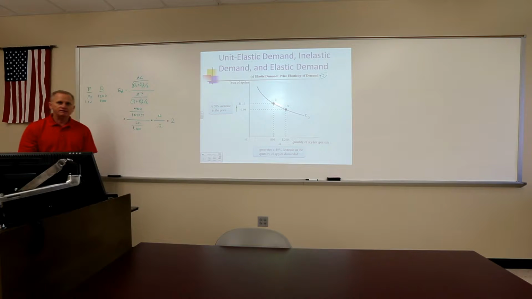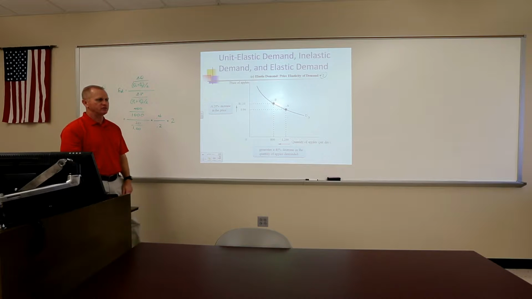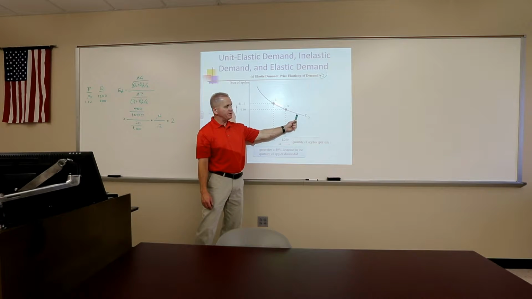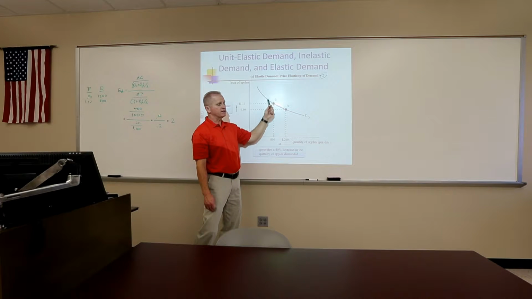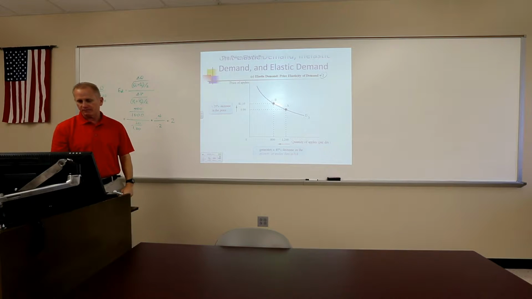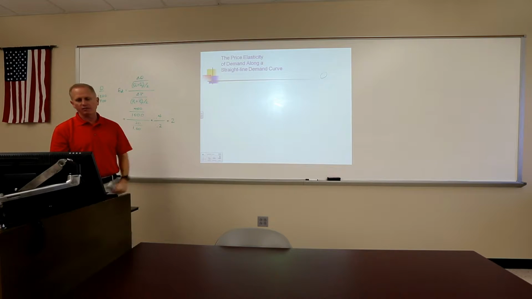So between points A and B, we found the coefficient to be 2. If we had other points on the line, like a point down here, we could do it between A and that point, and the coefficient is going to be different. Or on this side, it's going to be different between two different points, the actual number. We'll do that in a later problem.